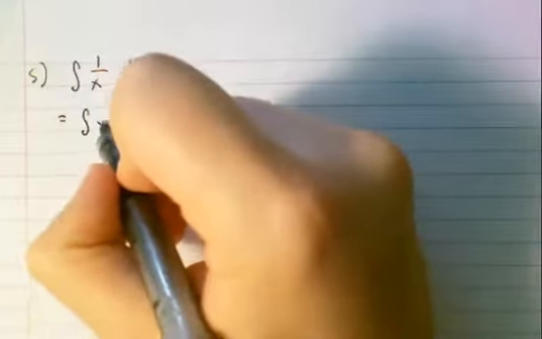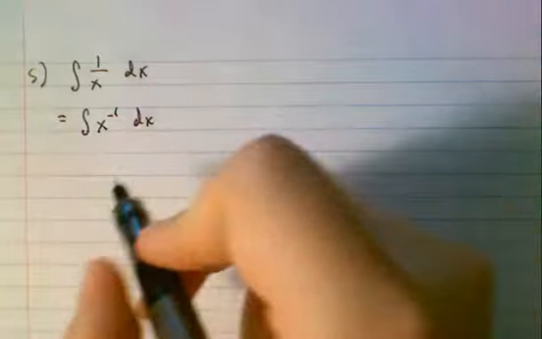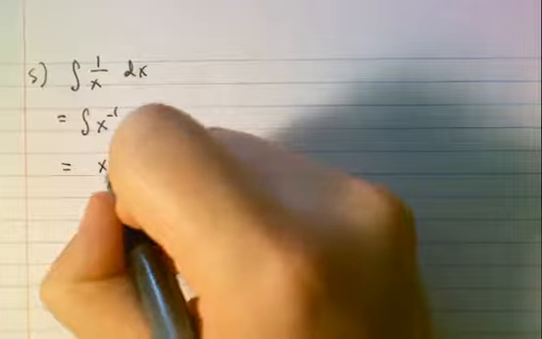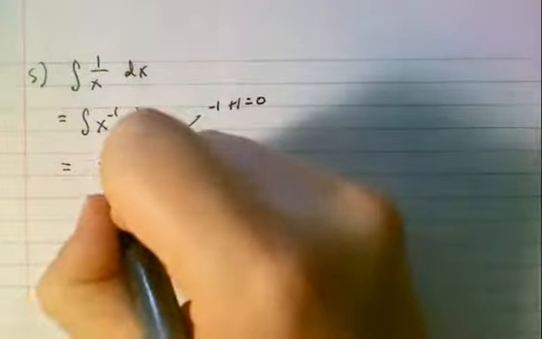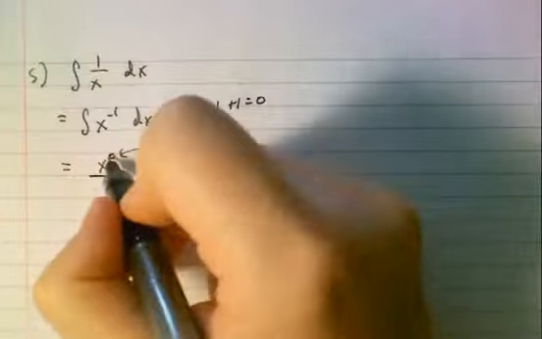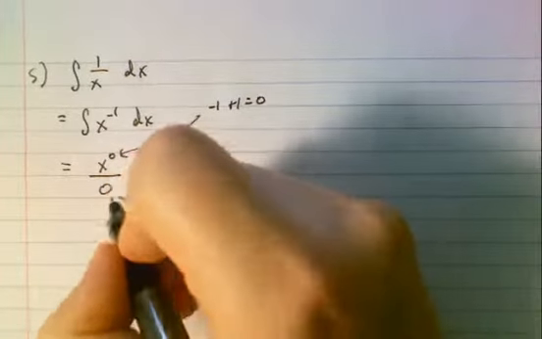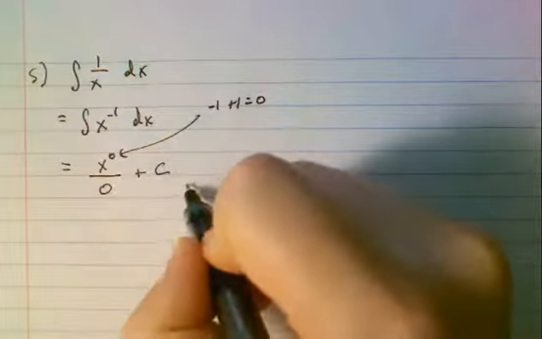We're going to rewrite this as x to the negative first power, and we're taking the derivative there. And then we're going to apply our power rule, and this is negative 1 plus 1, which equals 0, so that's x to the 0 power. And then we have to divide by our new exponent, so we have to divide by 0. Problem, we can't divide by 0.